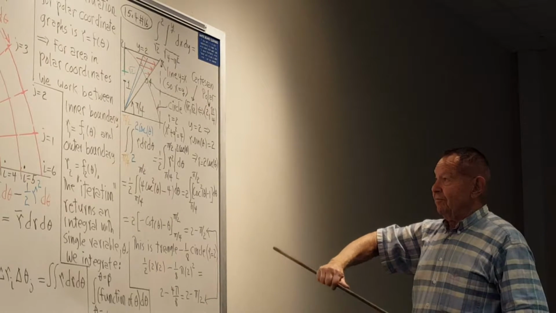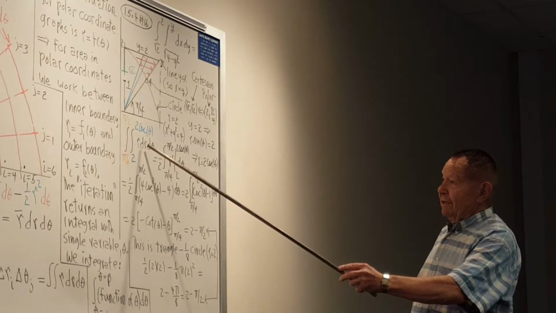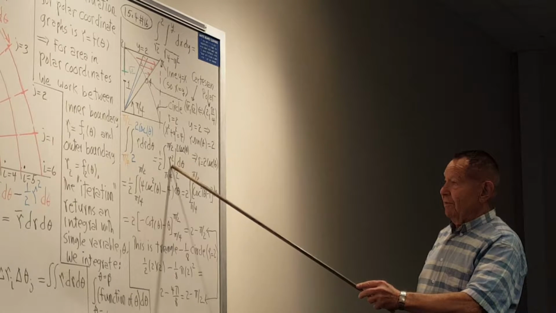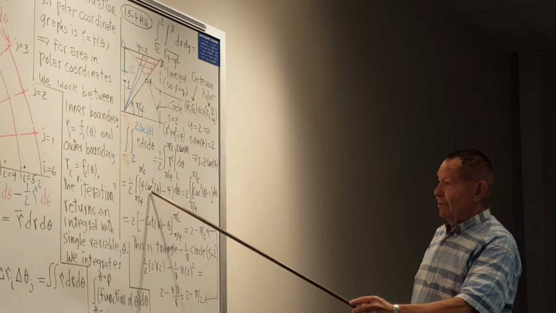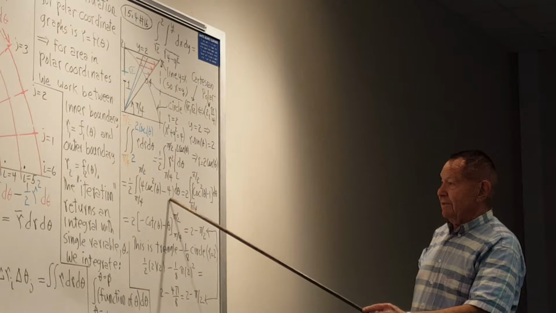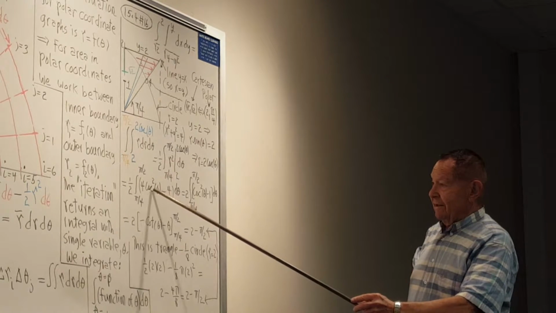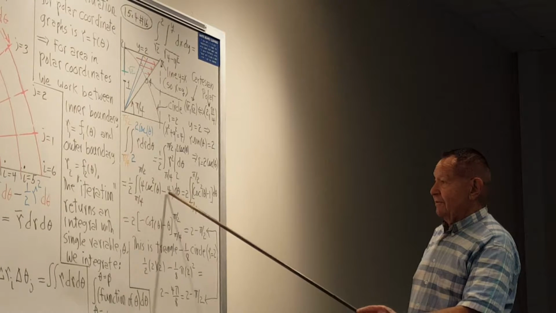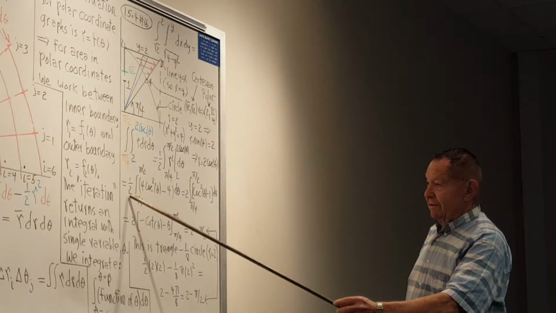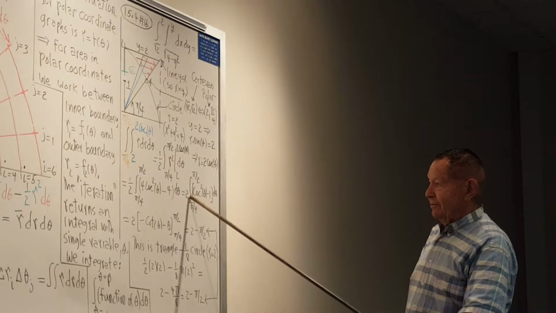pi over 2. Okay, so again, you have a half r squared, put in your limits, and you get 4 cosecant squared minus 4. Then you can factor the 4 and divide by 2, so you get a 2.